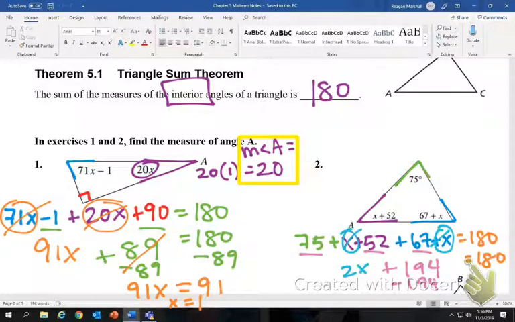Subtract 194. 2x equals negative 14. So then x equals negative 7. So we're going to have to plug it back in because it asks for angle A, which is right here. Negative 7 plus 52. So the measure of angle A is 45.